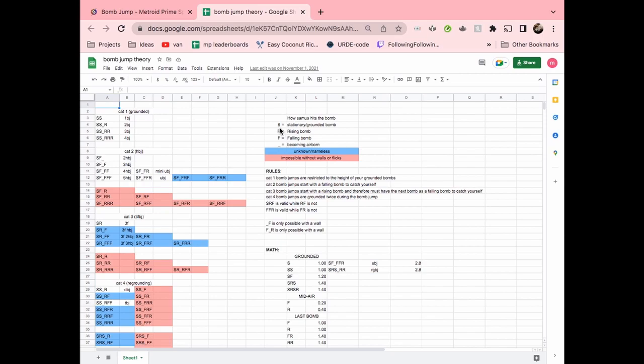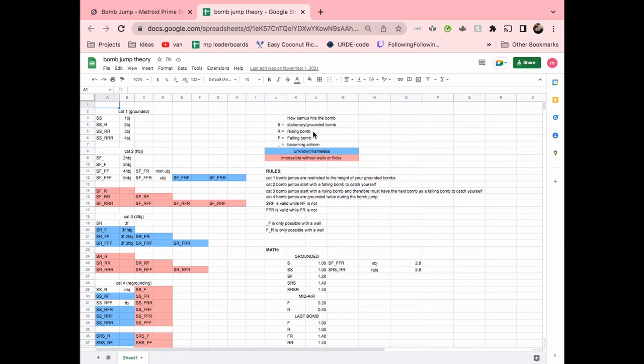So this S means it is a stationary or grounded bomb. Okay, this underscore indicates when during that bomb you actually become airborne. And then this R and this F right here indicate a timing method for how you lay an airborne bomb.